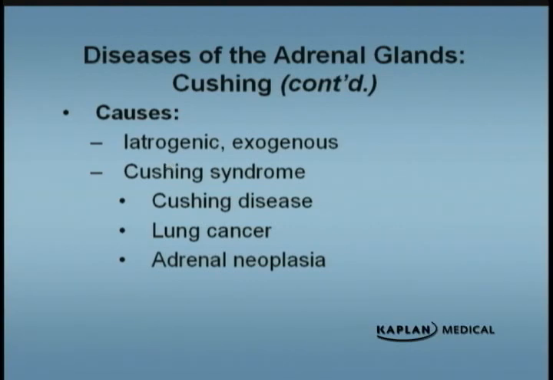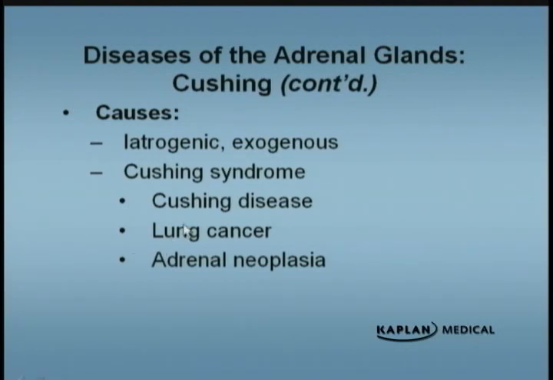And you usually know about this because the patient says, yeah, I've been taking 20 milligrams of prednisone for steroid-induced asthma for the last 15 years or so. So that's usually known. It's not something that's hidden in the history. And this by far is the most common form that we see of Cushing's, the iatrogenic, the exogenous form, when the patient's taking oral prednisone for years and so forth.